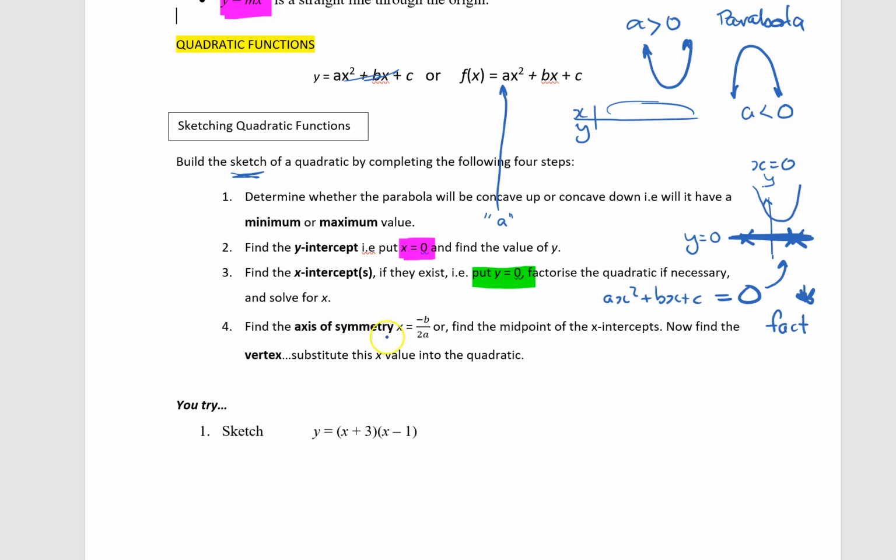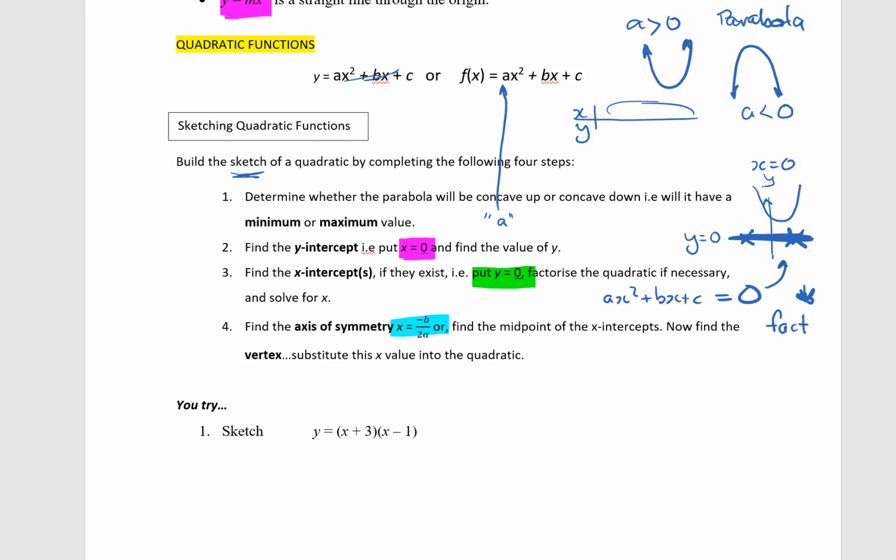Another important feature to put on the sketch of a quadratic, on the parabola, is the axis of symmetry that occurs at x is equal to minus b on 2a. Hopefully most of this is familiar to you. We will revisit the quadratic in a whole chapter, but the more that you can master now, the easier that chapter will be.